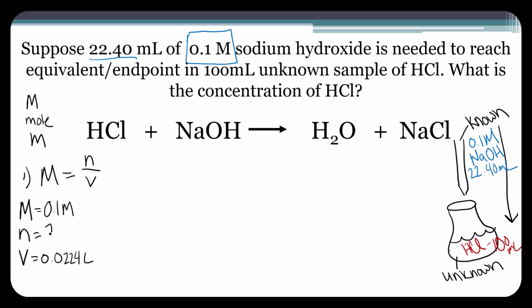So it looks like we're solving for moles. So let's go ahead and plug this into our equation and chug through it. So 0.1 equals n over 0.0224 liters. So to solve, I'm going to multiply by 0.0224. Whatever I do to the right side, I also have to do to the left side.